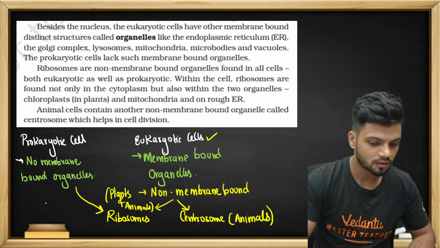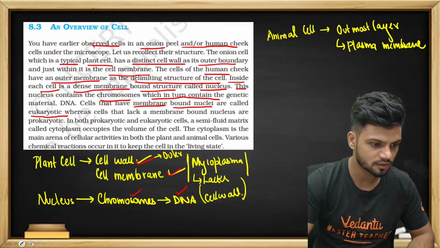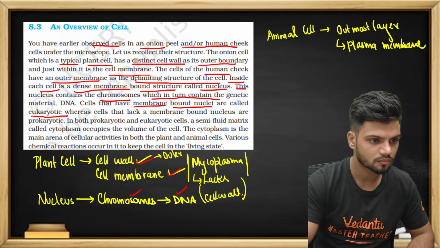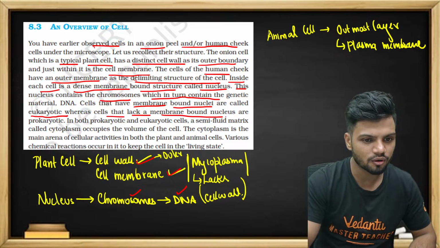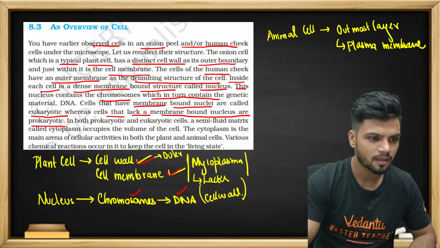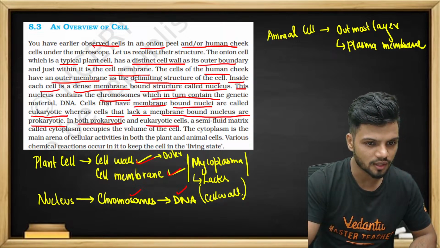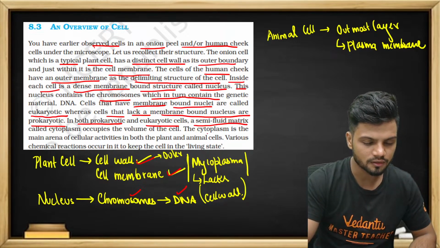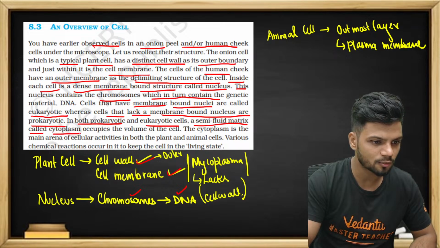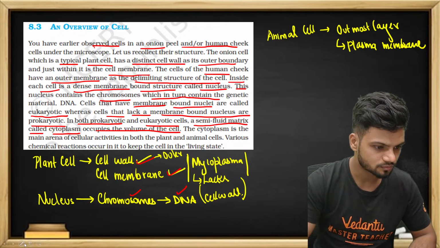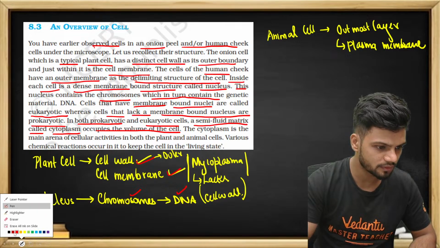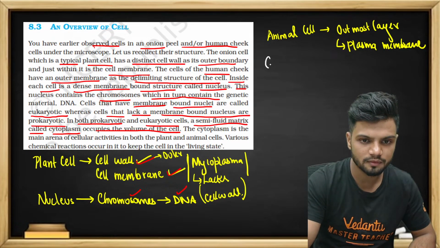Now let's read what is given here, students. Cells that lack a membrane-bound nucleus are called prokaryotes. In both prokaryotes and eukaryotes, a semi-fluid called cytoplasm occupies the volume of the cell. So what is common between them?